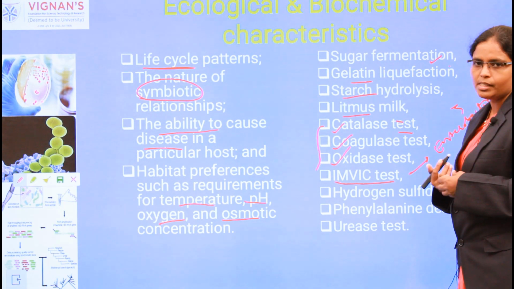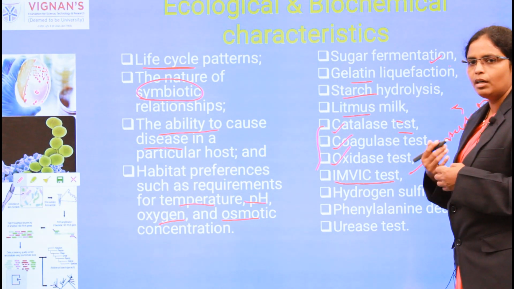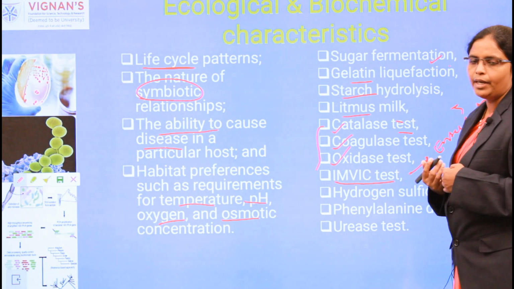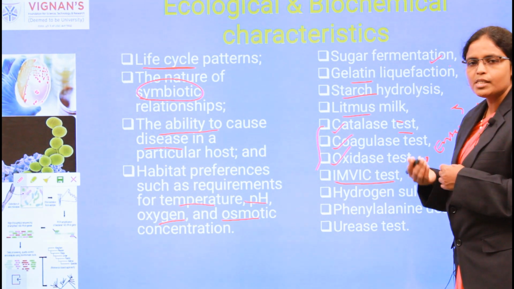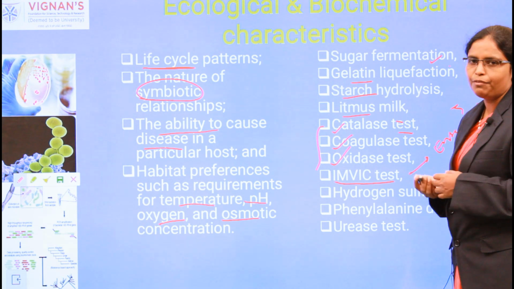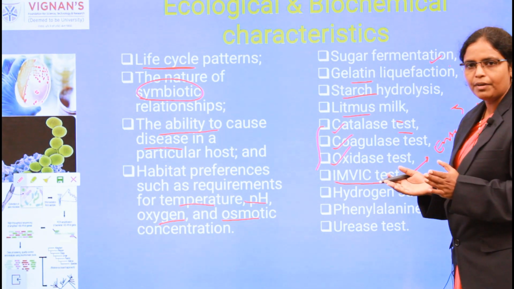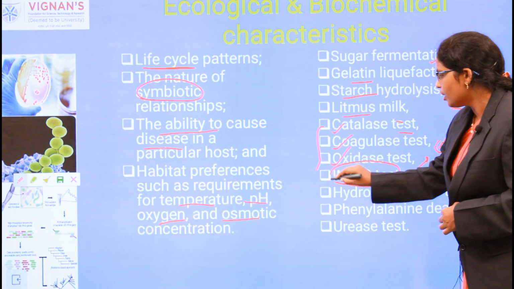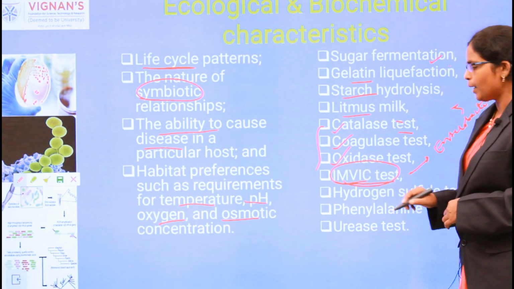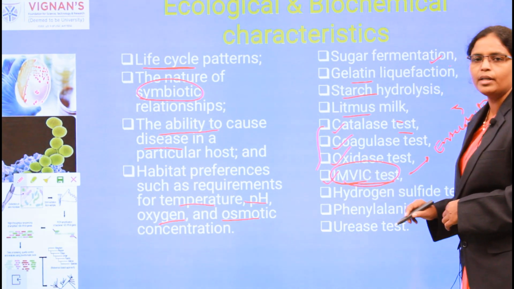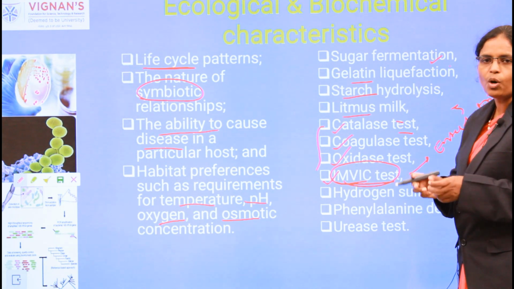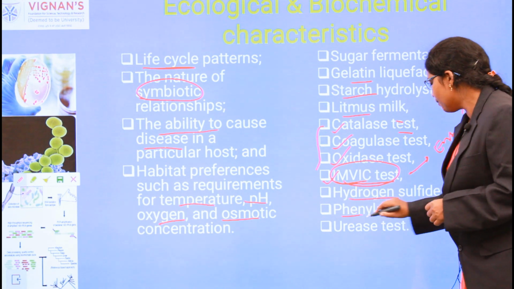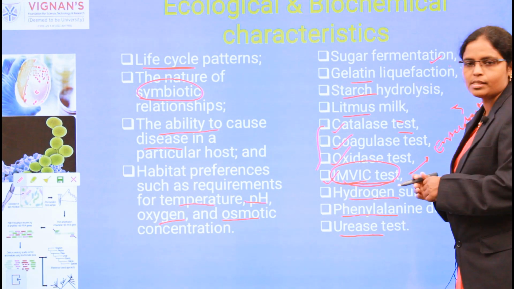So in the intestine, if any bacterial infections are identified, then which organism is causing a particular infection? We can identify, we can differentiate based on this IMViC test. So in clinical labs, we can use this test for differentiating the disease causing organism. Another is the hydrogen sulfide test, phenylalanine and urease test.